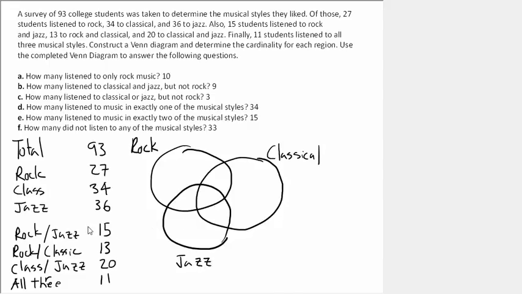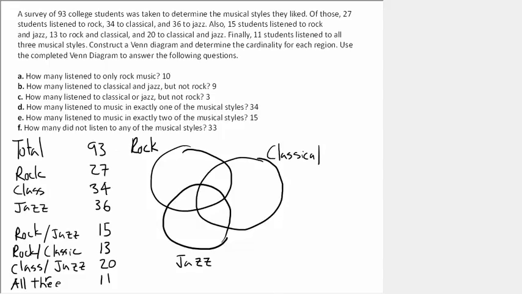Okay, now let's see. It says rock are 27 of them. You might be tempted to throw a 27 into the rock circle. But that's not right, because some of those 27 may belong to this intersection of rock and classical, or the intersection of rock and jazz, or the intersection of all three. We can't do that. No, we have to start a different way.